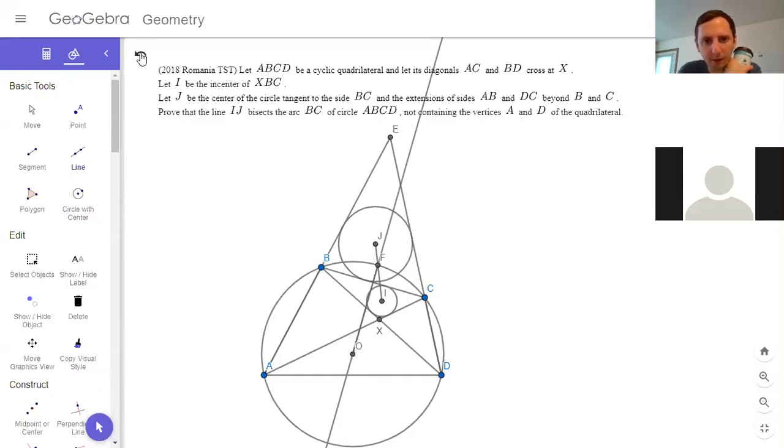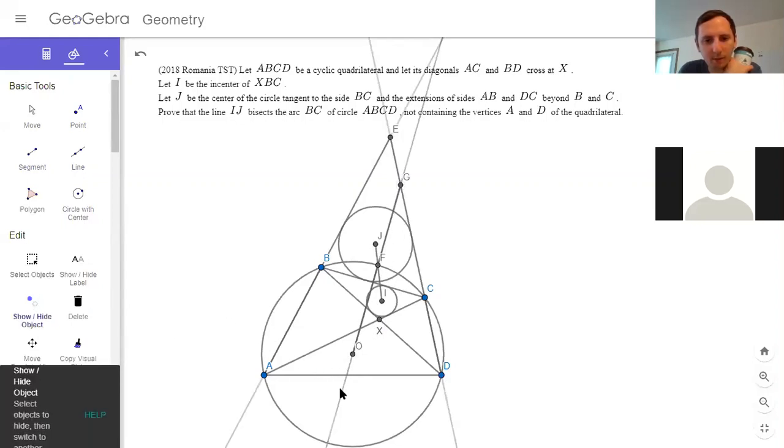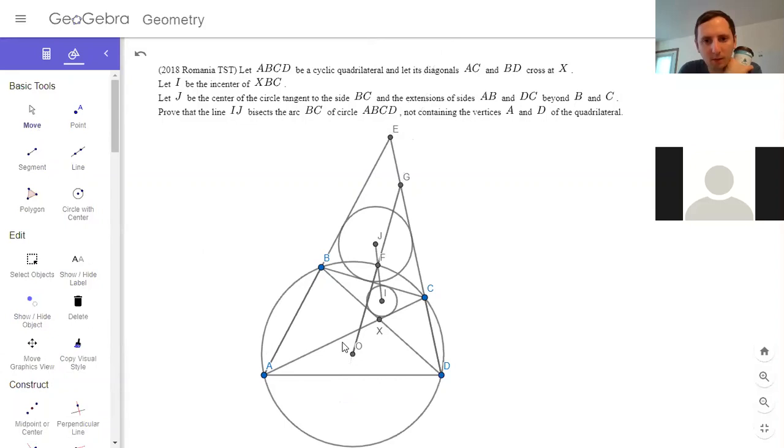For example, if we let OF meet EC at a point G, then we want to show that BODG is cyclic, right?